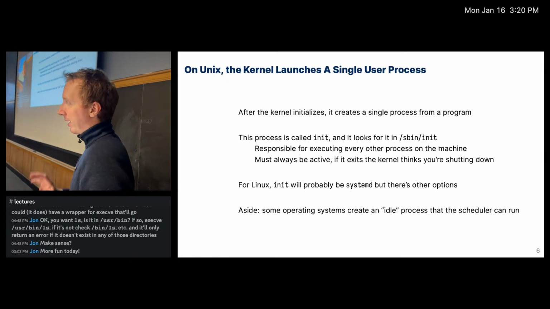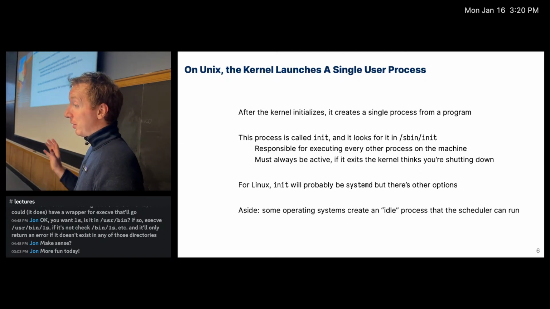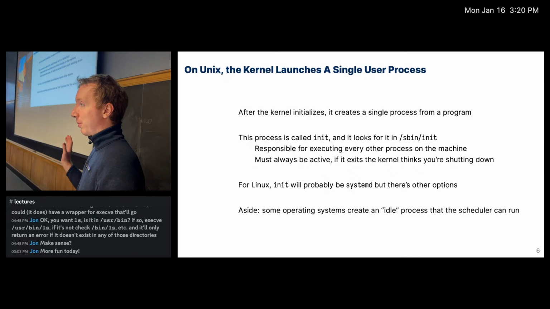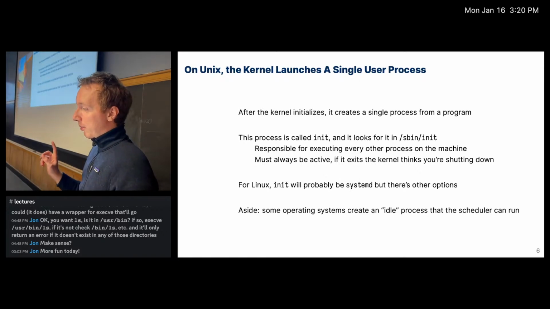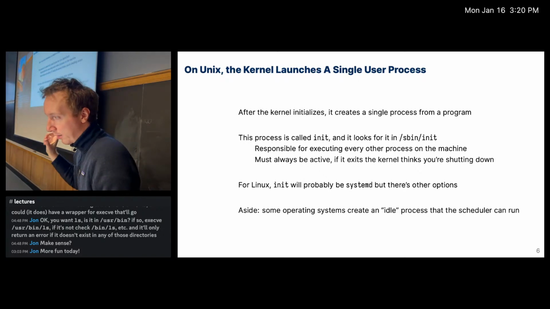So, like I said before, just so you have it on Unix, all the kernel does whenever it boots up and initializes itself and it's ready to run programs is run a single process. It will just run typically init, which you would look for in /sbin/init on your file system.